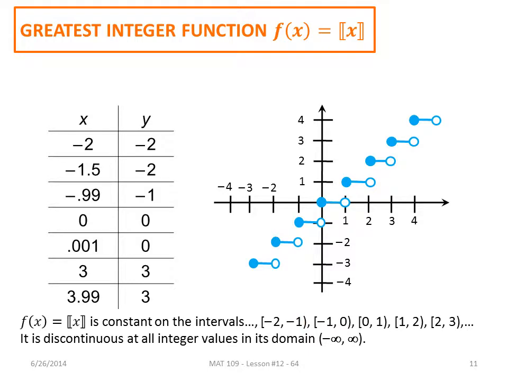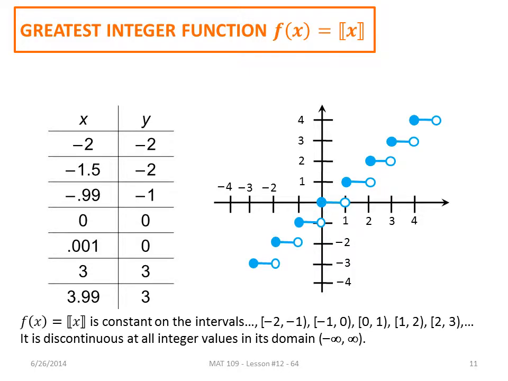So it's constant within each of these intervals, but as you go from interval to interval, it's discontinuous. It's at all integer values of the domain. So every time you have an integer along the number line here, you have a discontinuity in the function.